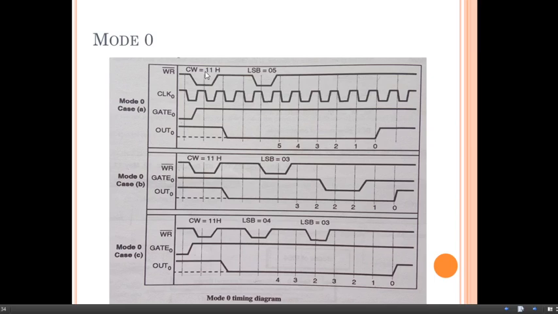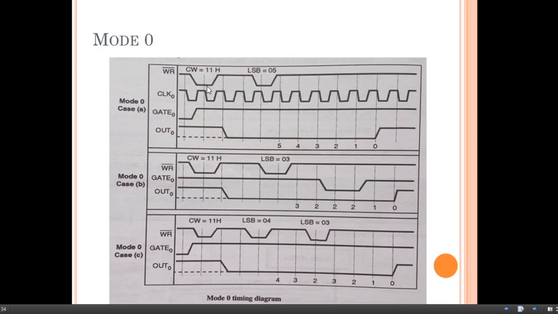One write for loading the control word or for counter initialization, and another write operation for loading the count. So 2 writes are present, that's why here we can observe in this write bar signal there are 2 times the write will be activated.